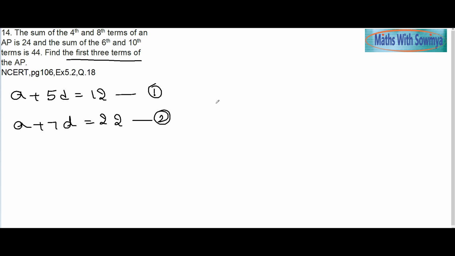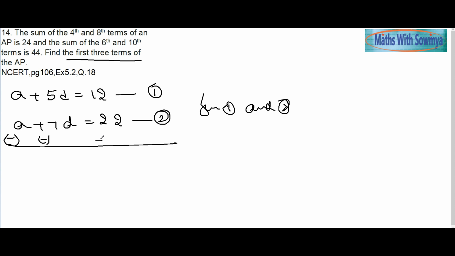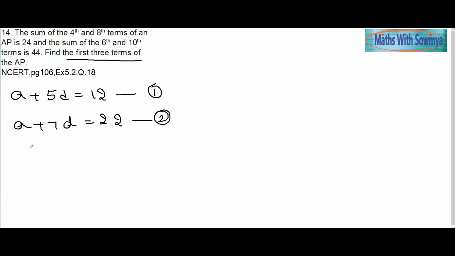So from 1 and 2, we can subtract the equations.